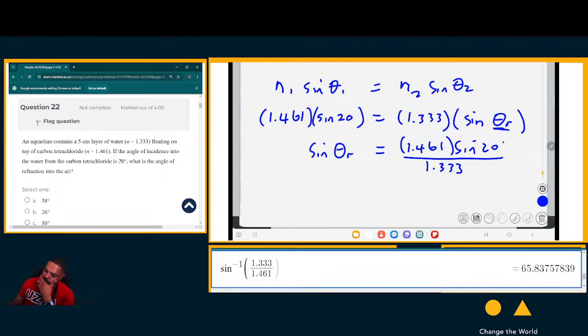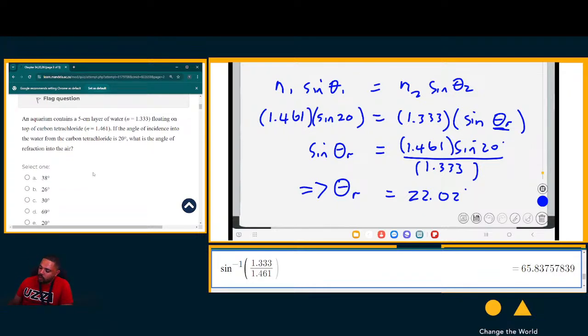It's a comma, sorry. Therefore, the angle of refractance will be, you work it out, you will get 22,02 degrees. That's the angle of refractance. And you can of course just plug that into a calculator.